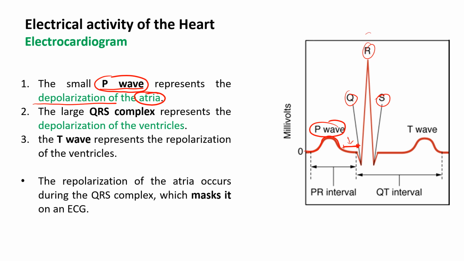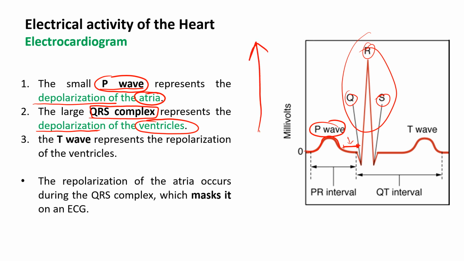But the QRS complex, notice what that represents. The QRS complex represents the depolarization of the ventricles, and you can see that the positivity is way higher than the P wave, just because, remember, ventricles are larger and bigger, so there are more cells and more electricity running through them, right?